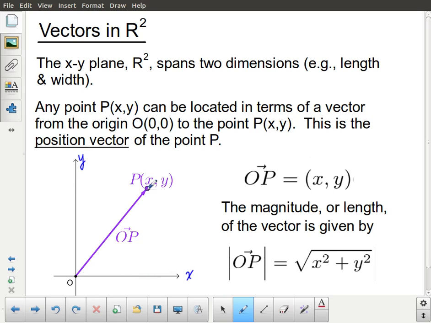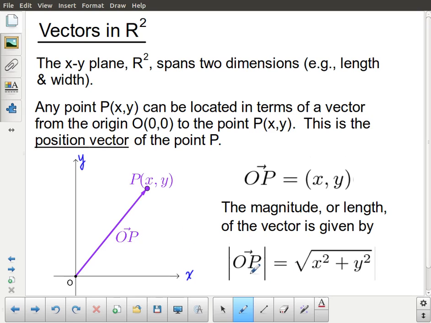So we can take any point in R2 and we can locate it in terms of a position vector. And that position vector is going to have a form that is indistinguishable from the coordinates we use to describe that point. So you have to remember context.